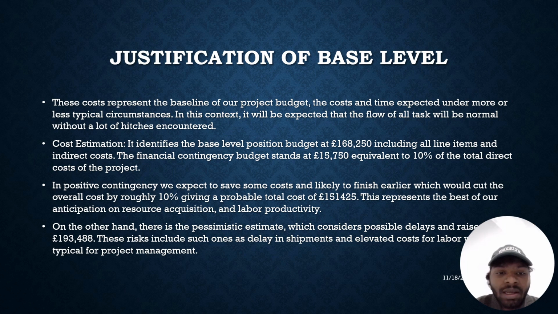Cost estimation: the baseline budget is around 168,250 pounds, including all the line items and the indirect cost. The contingency budget stands around 15,750 pounds, equivalent to 10% of the total direct cost of the project.